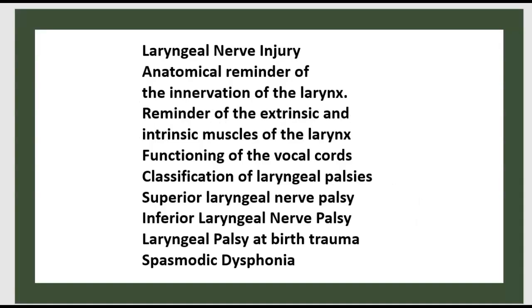An anatomical reminder of the innervation of the larynx, reminder of the extrinsic and intrinsic muscles of the larynx, functioning of the vocal cord, classification of laryngeal palsy, superior laryngeal nerve palsy, inferior laryngeal nerve palsy, laryngeal palsy at birth trauma, and we will end with spasmodic dysphonia.